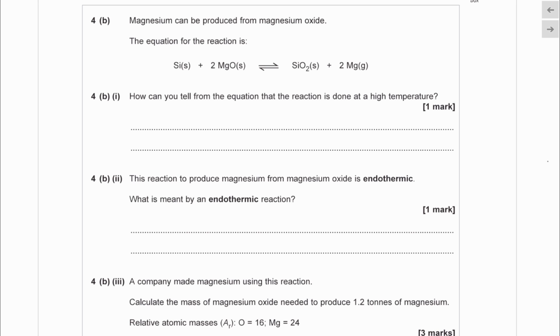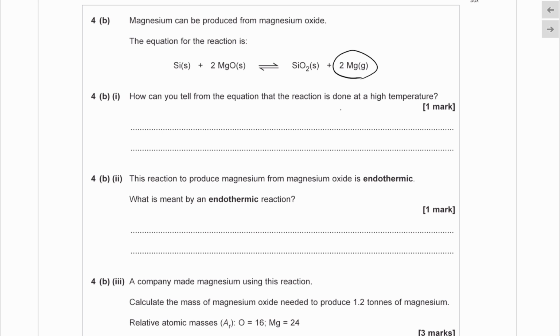So we're going to have a look at what is happening in the reaction. There's no other way to tell temperature if it's not given to you, other than making assumptions looking at the states of the compounds or the chemicals. So silicon solid reacting with magnesium oxide solid forms silicon dioxide as a solid plus magnesium as a gas, right?